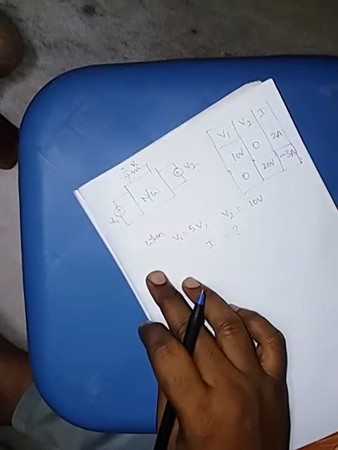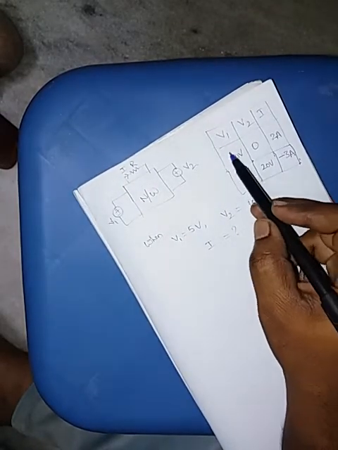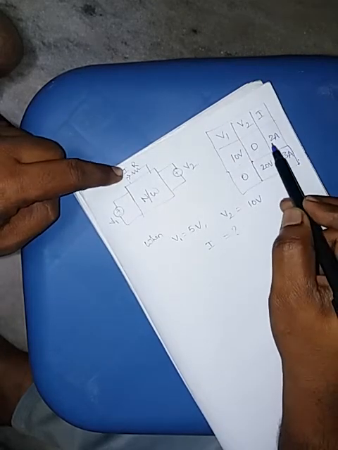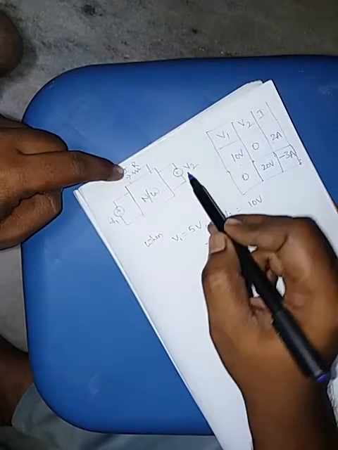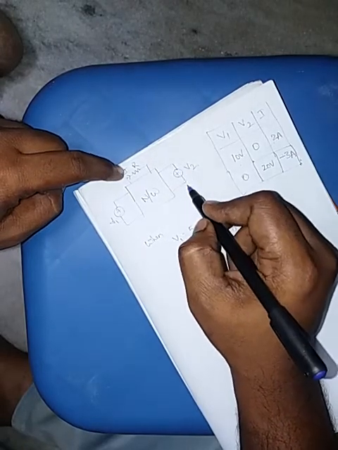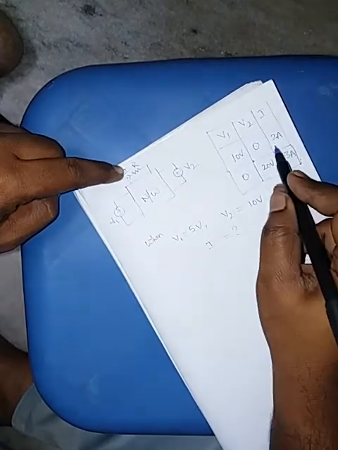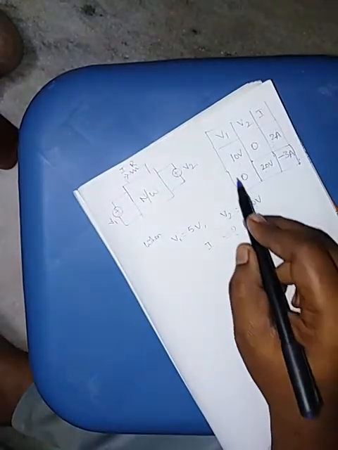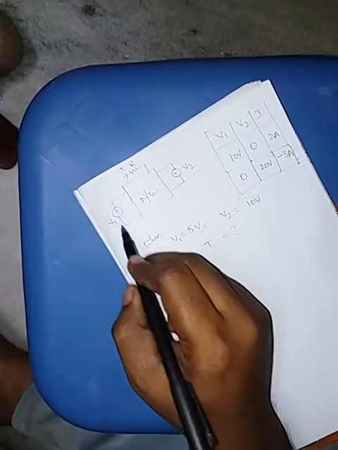What is the homogeneous principle? Suppose when V1 is 10 volts, then I is equal to 2 amperes. That means V2 is 0, there is no V2, V2 is short circuit. If V2 is short circuit, current is 2 amps. When V2 is 20 volts, that means V1 is 0, there is no V1.